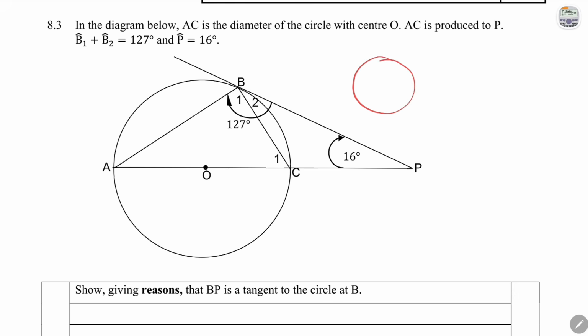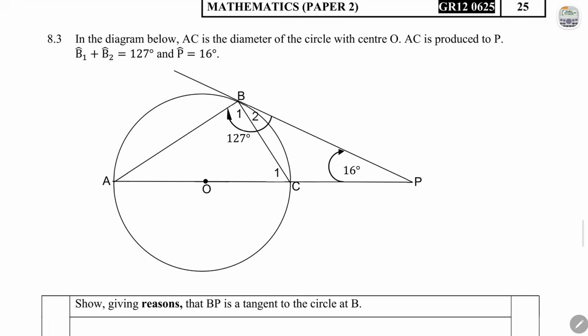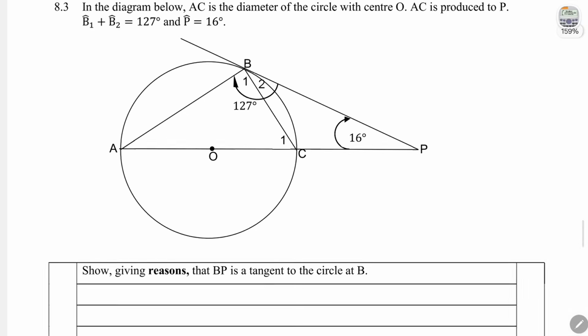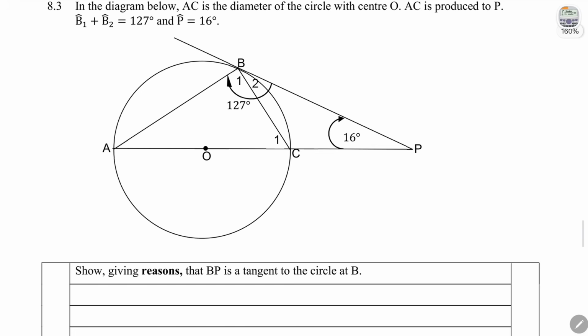The next theorem we can use is the tan chord theorem. So we've got a tangent going to a circle, and if we notice that the angle between the tangent and the chord is equal to the angle supported by that chord, this angle, then that is indeed a tangent. So in this case, we're looking at it as if BP is not a tangent yet.